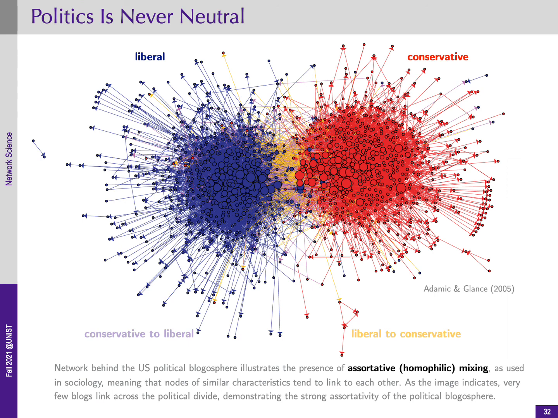Especially in the case of politics, as you see here in this American politics network. Here nodes in blue indicate a person running their own blog who is biased or leaning toward the Democratic Party, while the red ones are more favorable to the Republican Party, right? So in that case, this assortativity is even stronger.